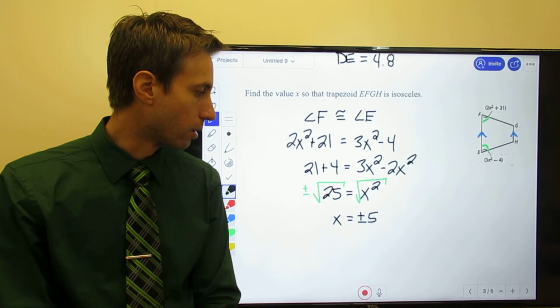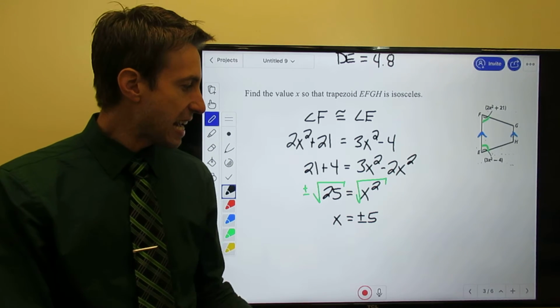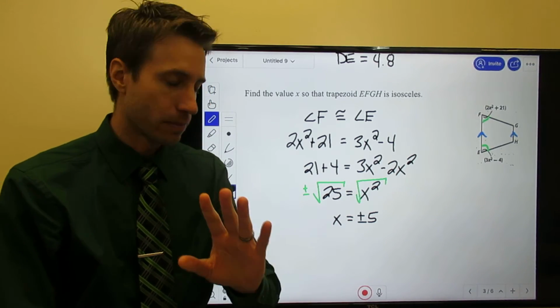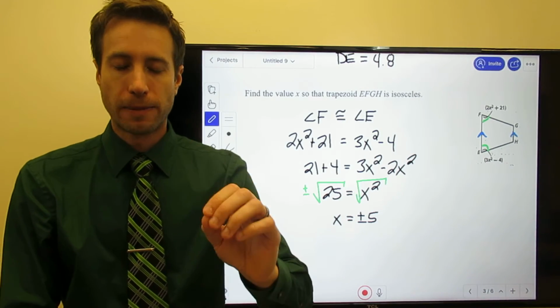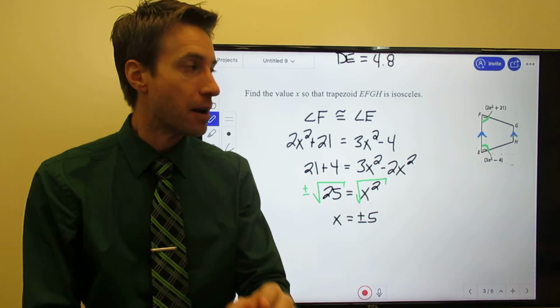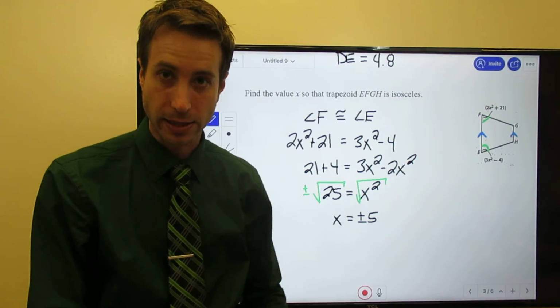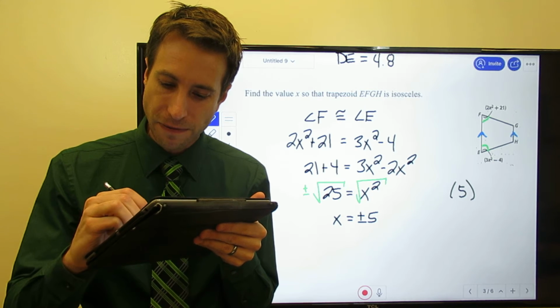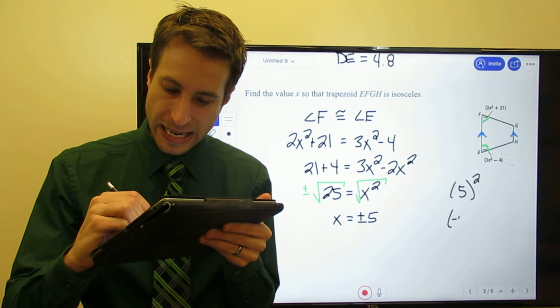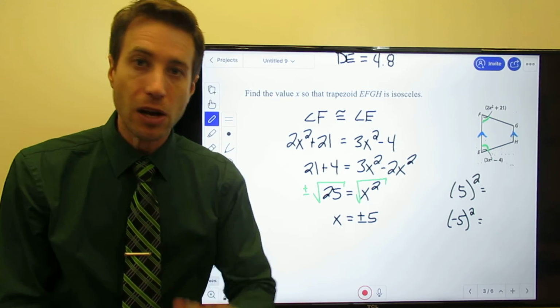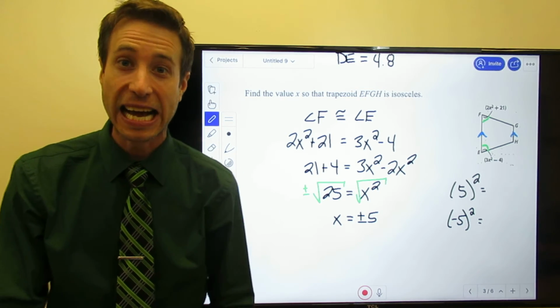Which one is wrong? Well, here's why you wind up with a plus and a negative 5. Please notice that we're squaring something, all right? So here's what I want you to take a look at. If I do a positive 5 squared, and if I do a negative 5 squared, what do you get? You get the exact same answer.